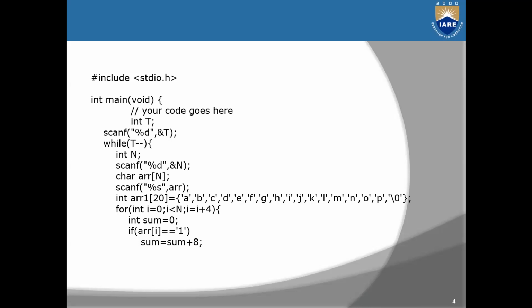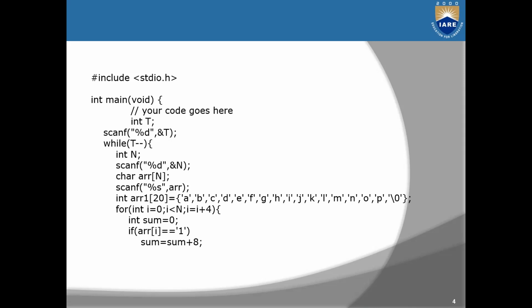%d denotes the decimal integer type, and &T, where ampersand is a built-in operator giving the address of T. Using a while loop, we will run the code while T-- opening the bracket.